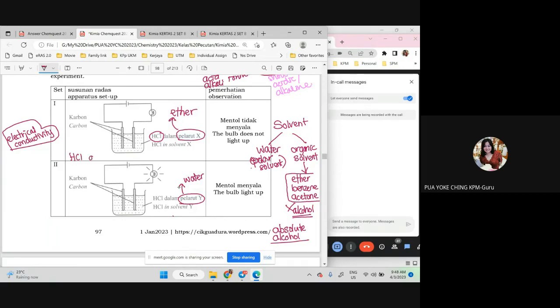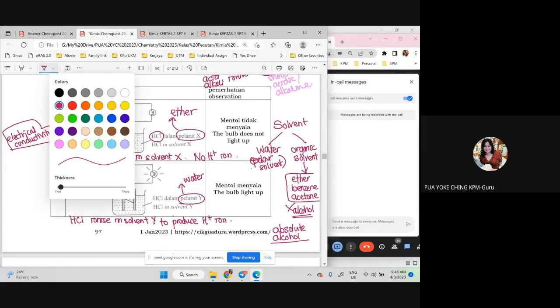HCl does not ionize in solvent X. So no H plus ion produced. For set 2, HCl ionizes in solvent Y to produce H plus ion.